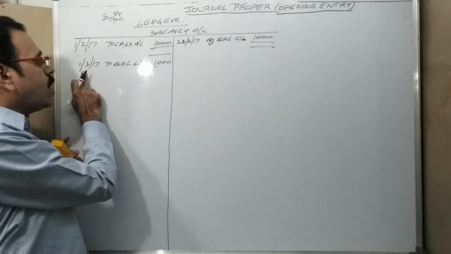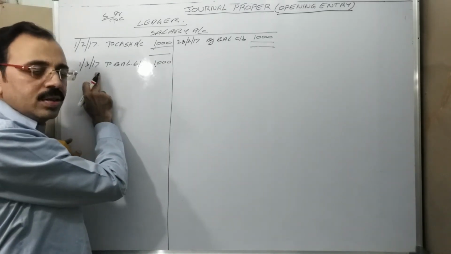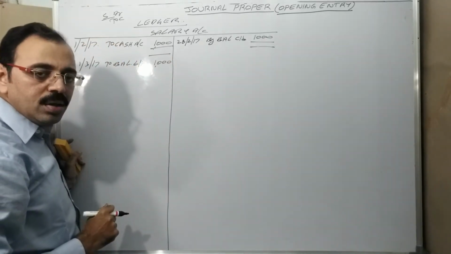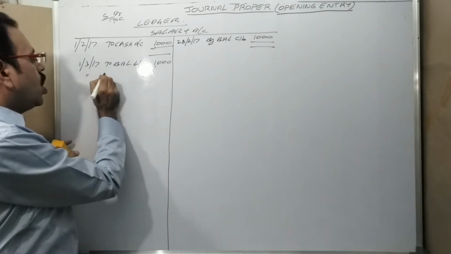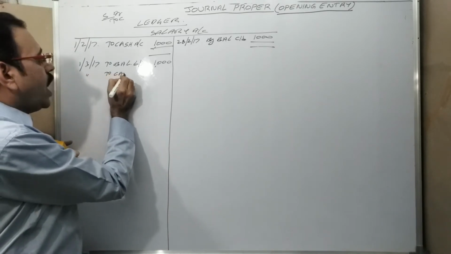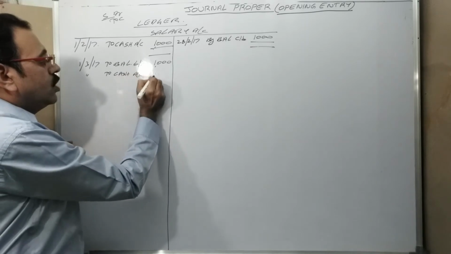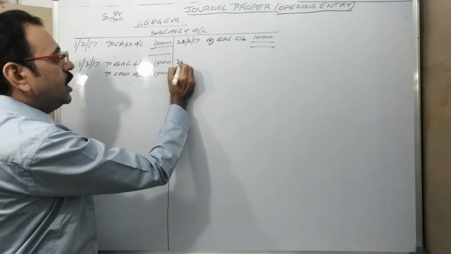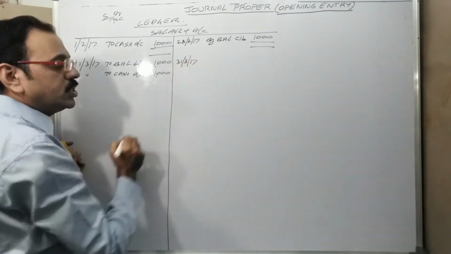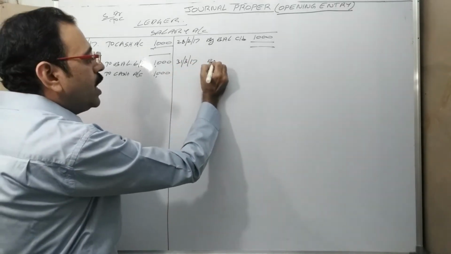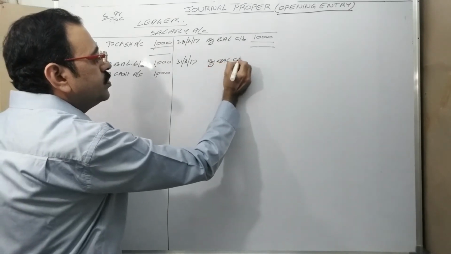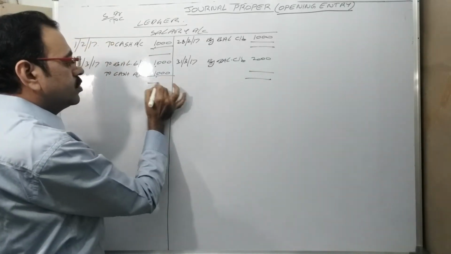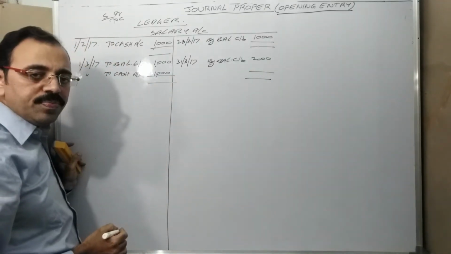And on 1st March also we pay salary. Then same entry. Assume that every month salary is 1000 rupees only. Then same posting. On this date, to cash account, salary amount is 1000. Now, at the end of March, how much will be the balance carried down? 2000 rupees. Clear?